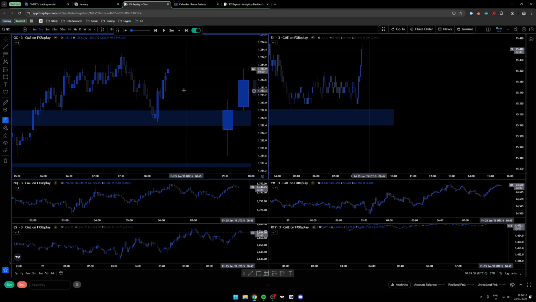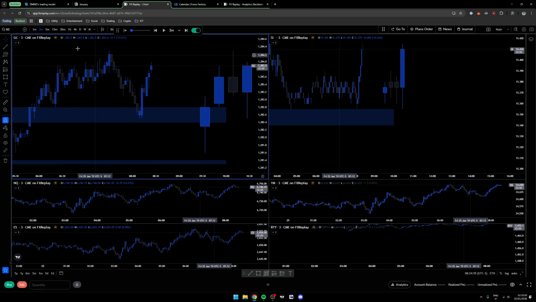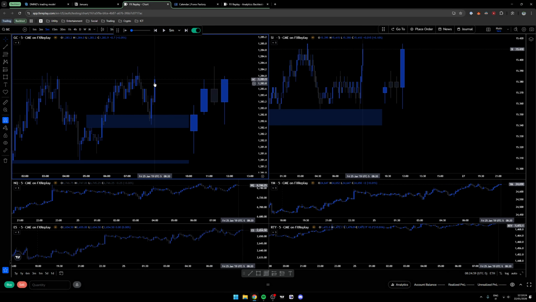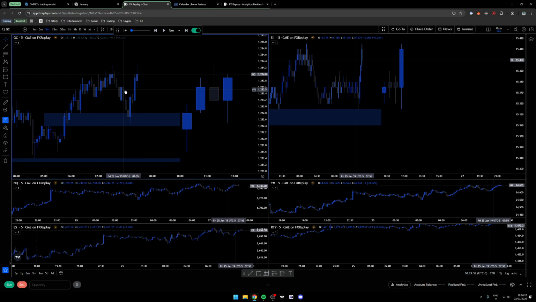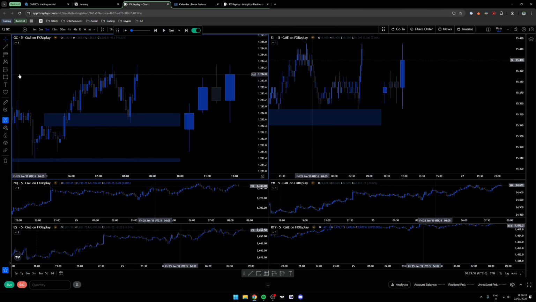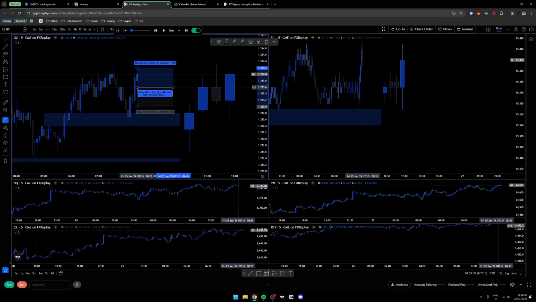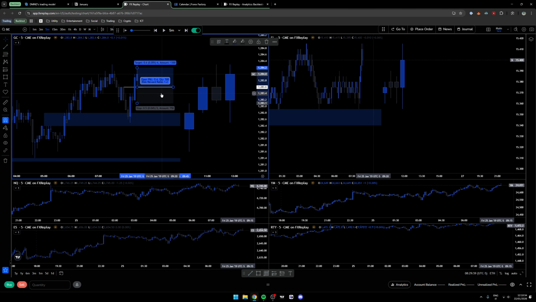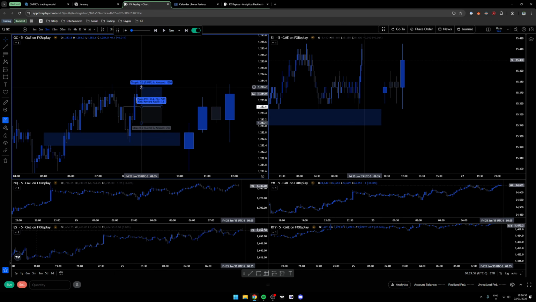On the 3-minute, this OB is very small, I'll be completely honest. So if we're going to trade this, I need a gap here. I can trade this gap here, and that's how I can trust this OB, which is very small, because I don't want to see this gap be inversed or traded below.